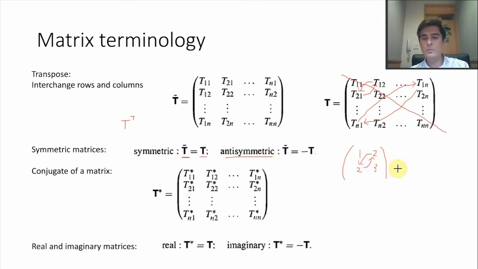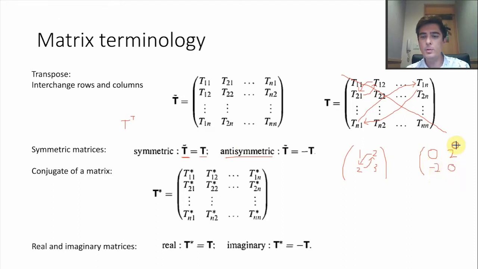An example of an anti-symmetric matrix would be something like this. Let's take an example where the elements are in this form.